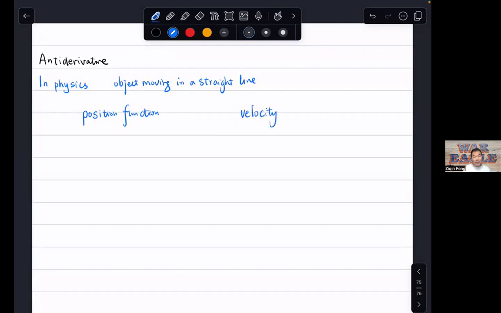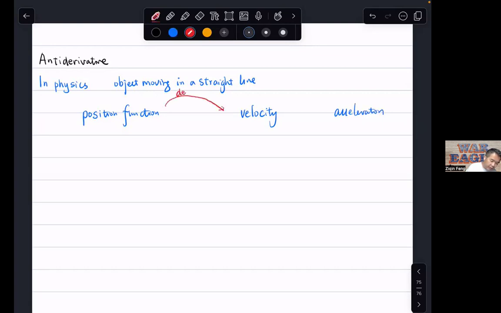And taking the derivative of velocity, you get acceleration. Three functions. And so going forward, we are taking derivatives.